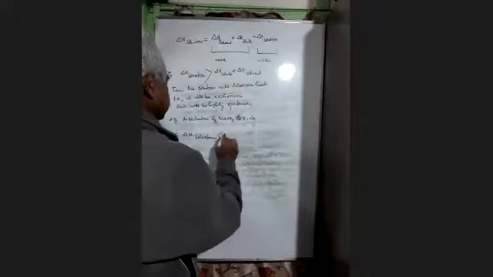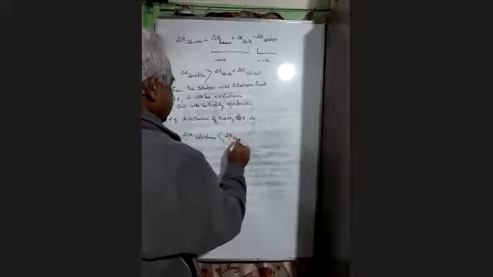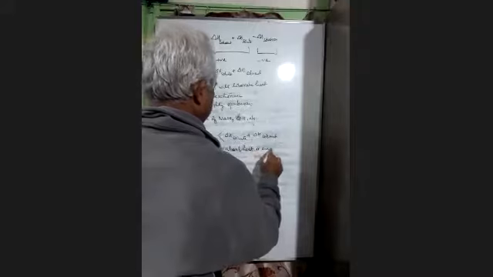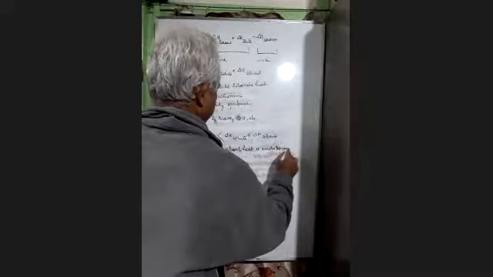If delta H solvation is less than delta H solute plus delta H solvent, then solution will absorb heat, or endothermic.